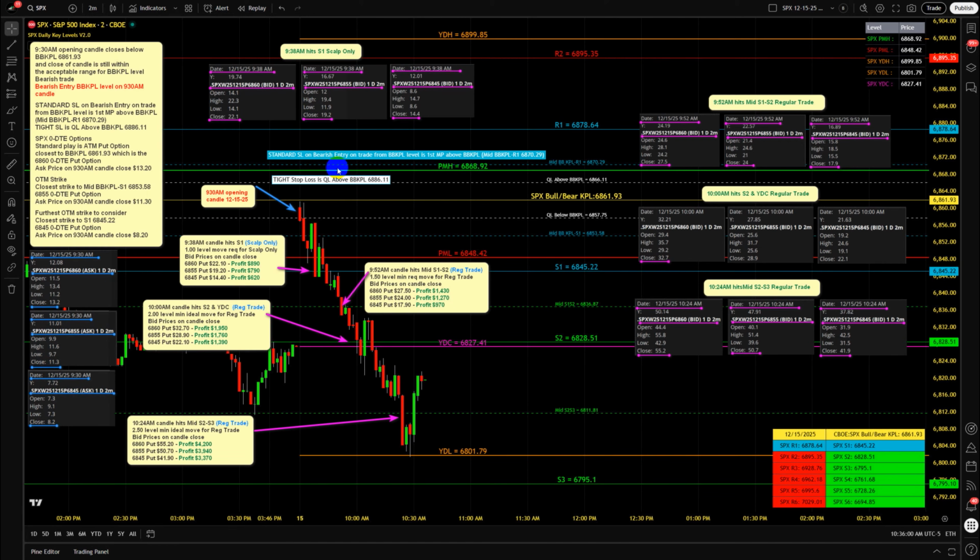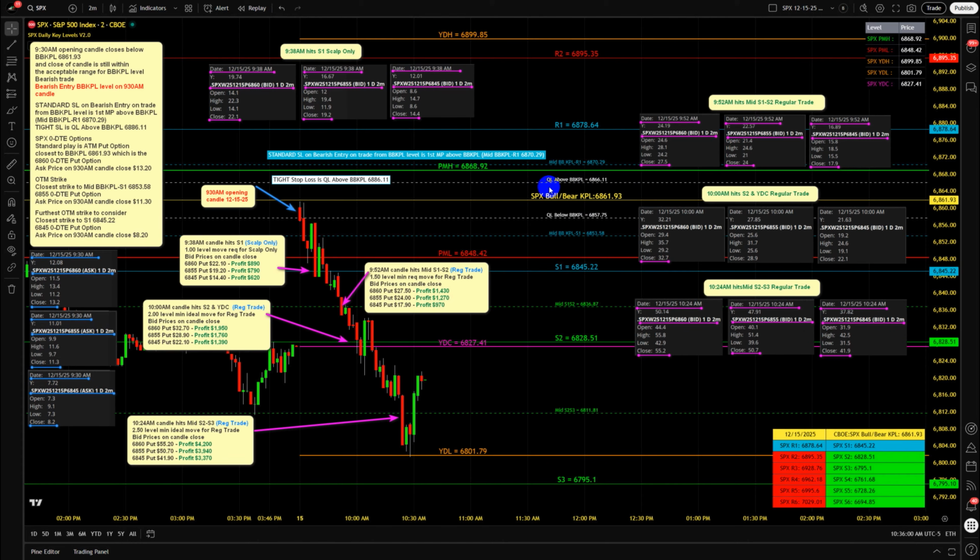Your stop losses on this trade are going to be level based for your entry stop losses. On a bearish trade, you look at the QL above for a tight stop loss from whatever main key level you're taking the bearish trade from. In this case, that's the bull bear KPL.